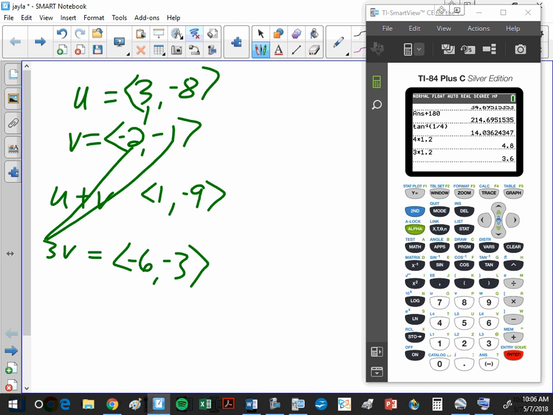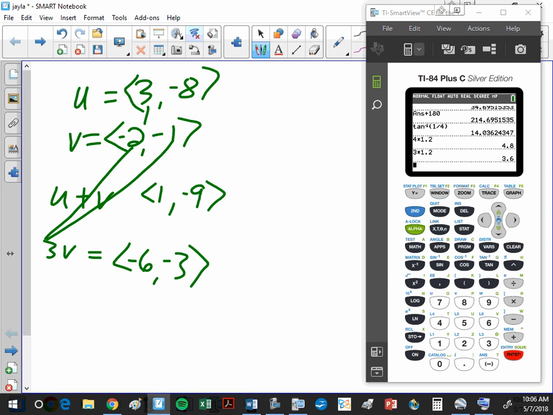We increased the magnitude by a factor of 3. So 17 through 24, you're given a u and a v, and you're just asked to perform those operations. Okay?